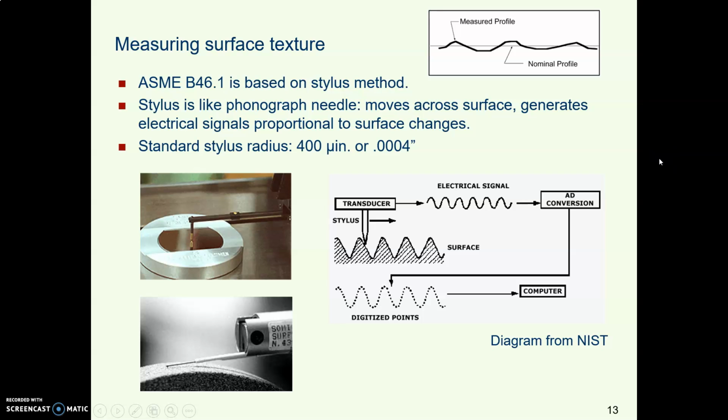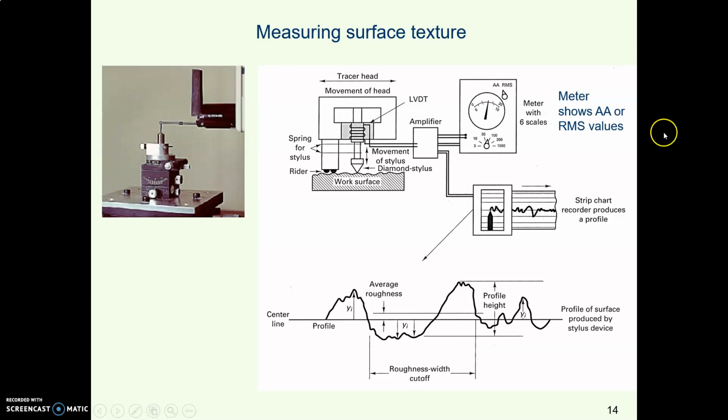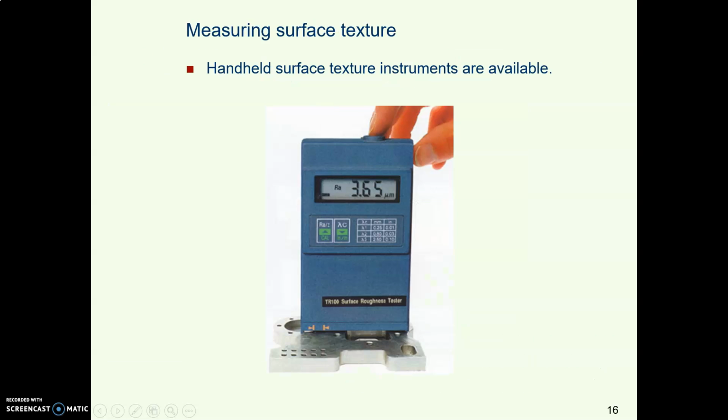So what you need is a tool to measure the surface roughness. And we don't do that as drafters and designers, of course, but in the quality assurance shop, they will have measurement tools. This tool happens to be from NIST back in Washington, D.C. And according to ASME, the measurement is based on an electronic feedback from a stylus. So I'm just showing you what that looks like, just FYI.